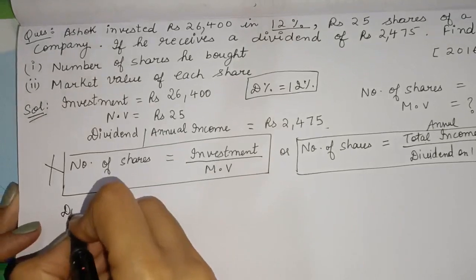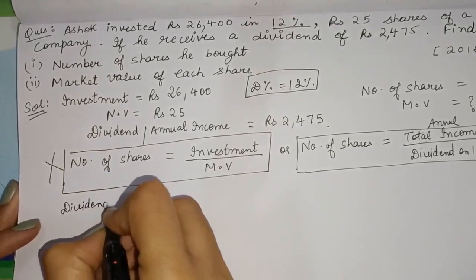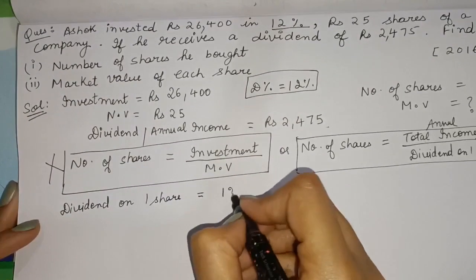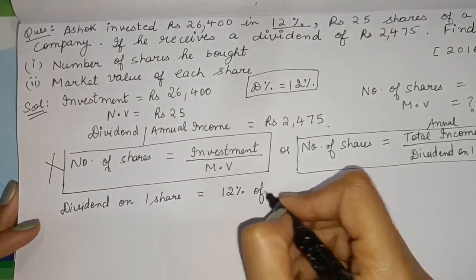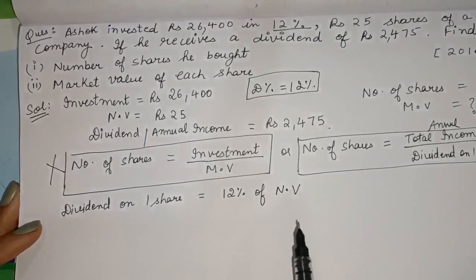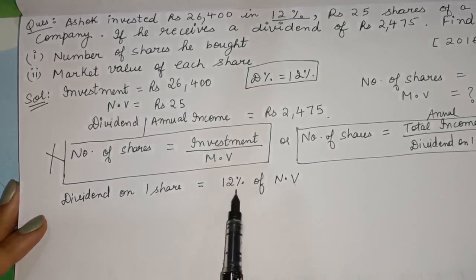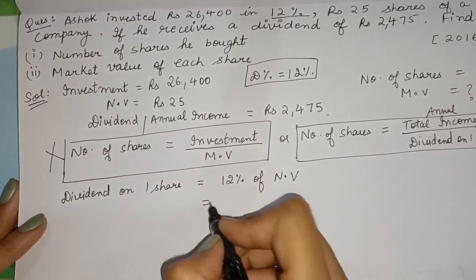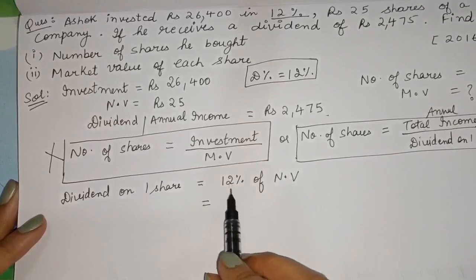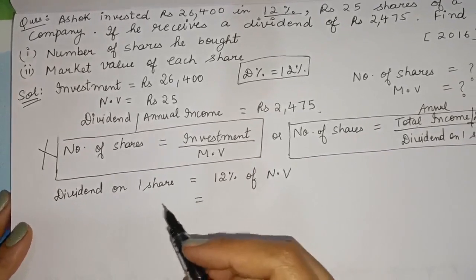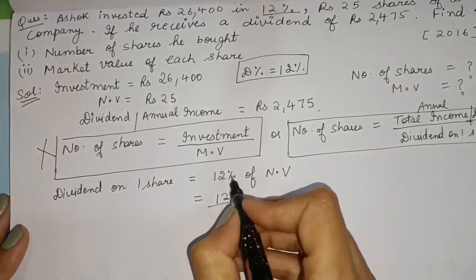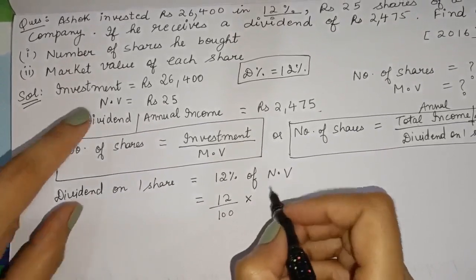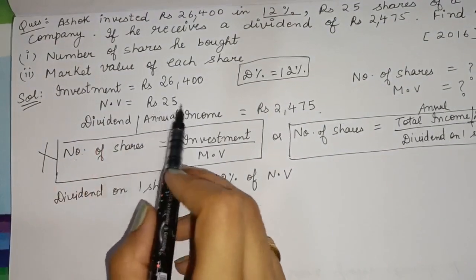Dividend on one share is equal to 12% of NB. I've already discussed this thing with you. Dividend percentage is always expressed in terms of nominal value. So dividend on one share we can find by using this dividend percent given to us. So 12 by 100, percent means by 100, into NB. NB is given to us, 25.